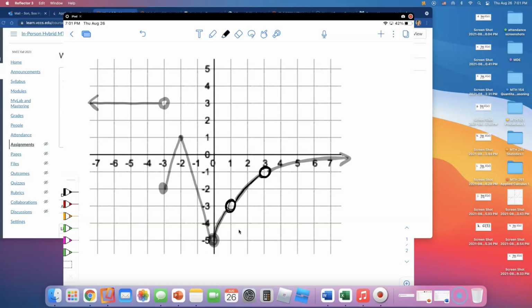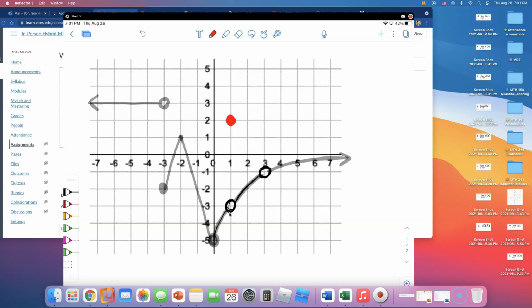So the limit at x equals 1 is going to be -3, because to the left and to the right, do you see how they're trying to meet at -3? But I'm going to put a function value, a closed circle, somewhere completely random. I'm just going to put it right here. See, that meets the condition then.